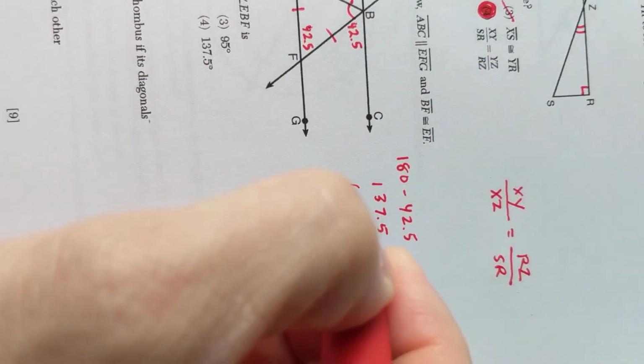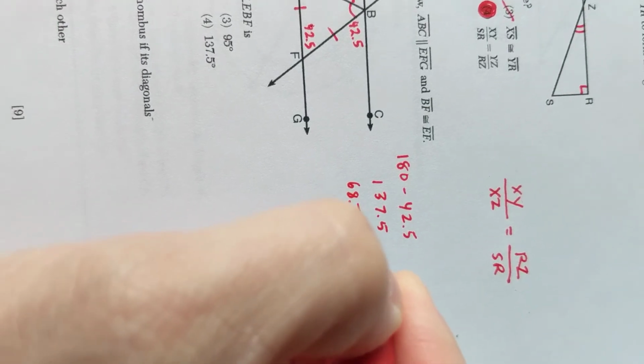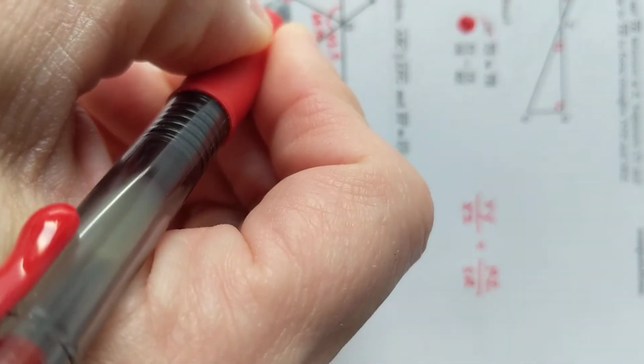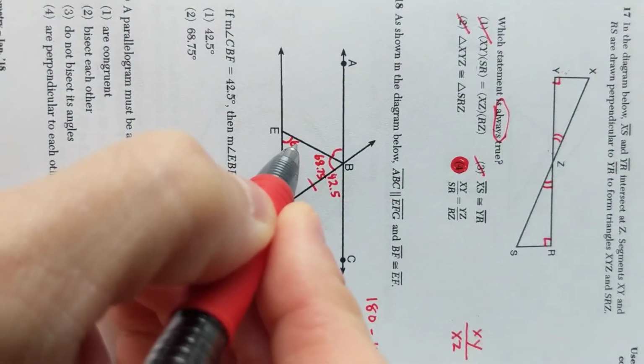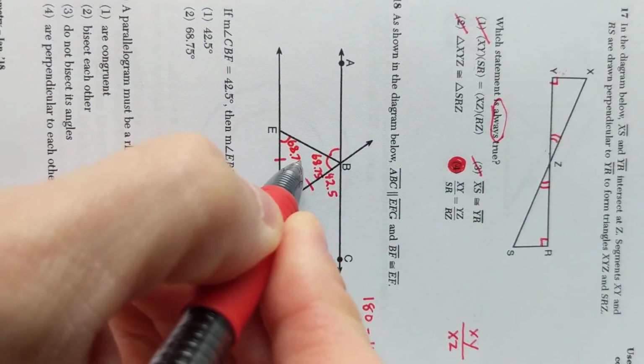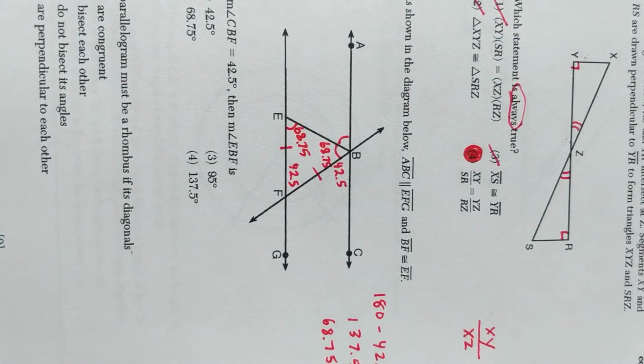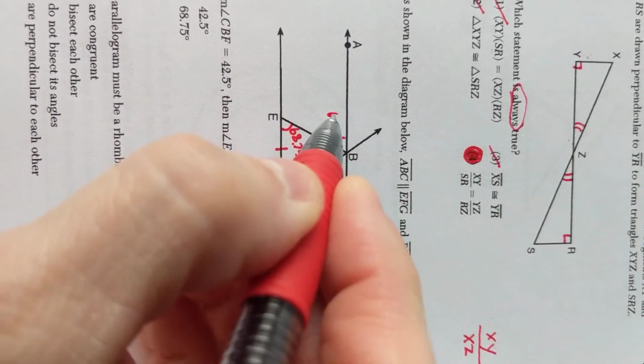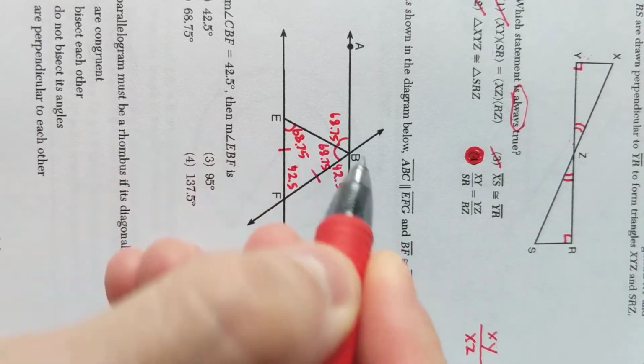So that makes each one 68.75. So this is 68.75. This is 68.75. Okay. And that makes this also 68.75.